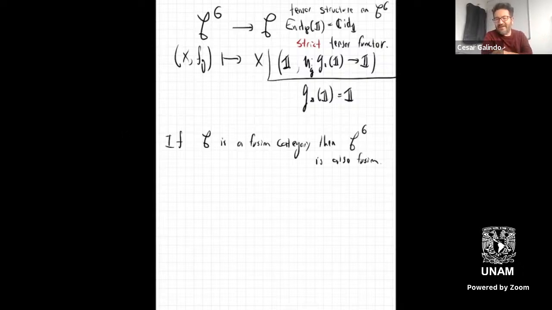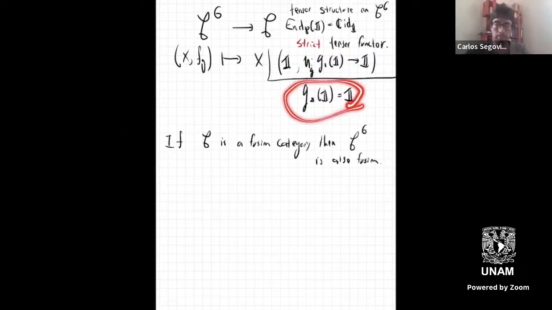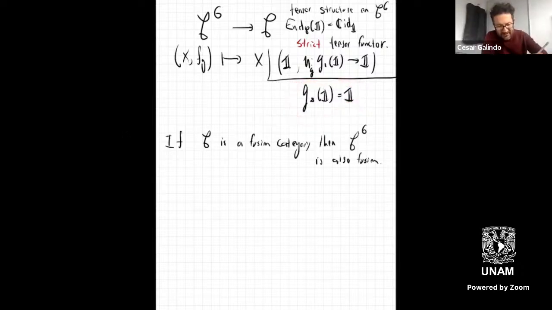It's just to make the computation simpler, but I'm not losing anything. So if this is true, here you really only need to take the identity. So these mu are just identity of one. This is the way that you see the unit object in the category of equivariant objects. It's just the unit object plus the identities for every G. So now you want to see what exactly this is.